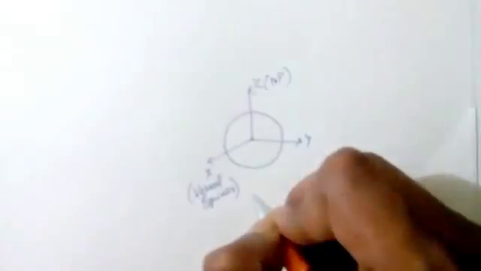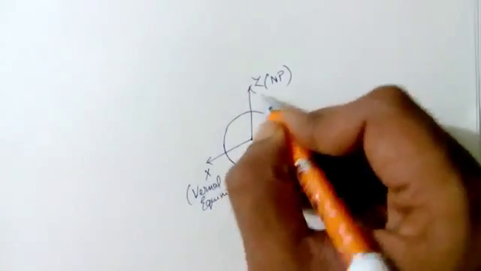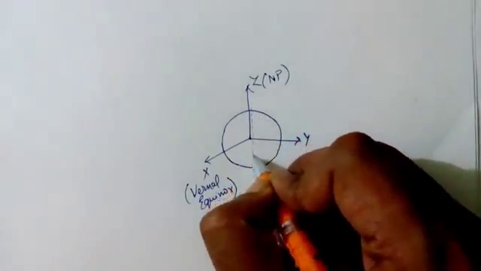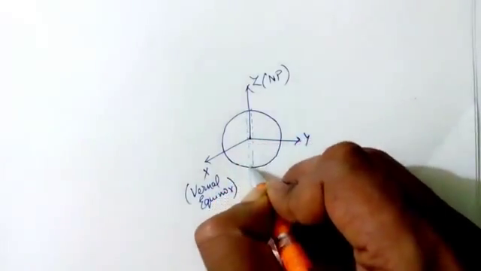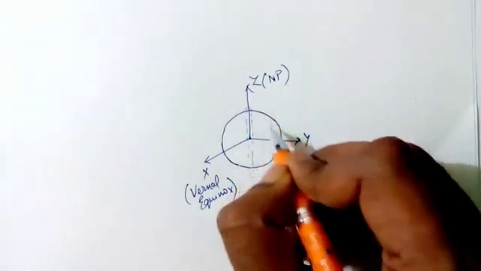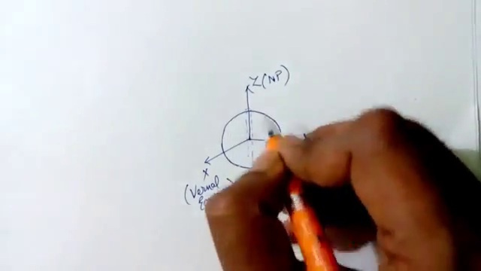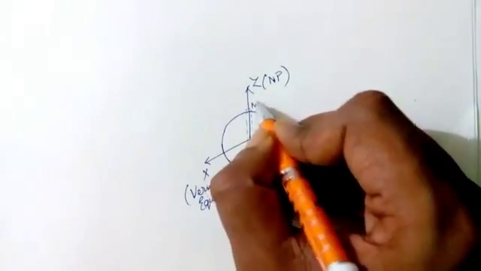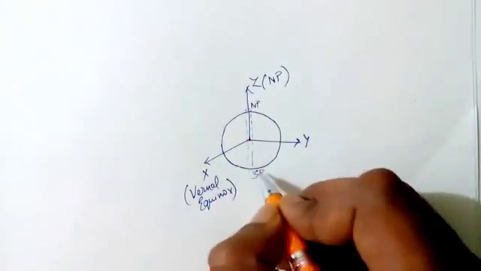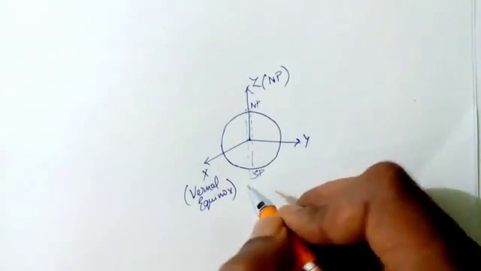So here you'll notice that the z-axis coincides with the spin axis of the Earth. By spin axis of the Earth, I mean the axis about which the Earth spins. This axis passes through the North Pole and the South Pole of the Earth, the geographical North Pole and the geographical South Pole.